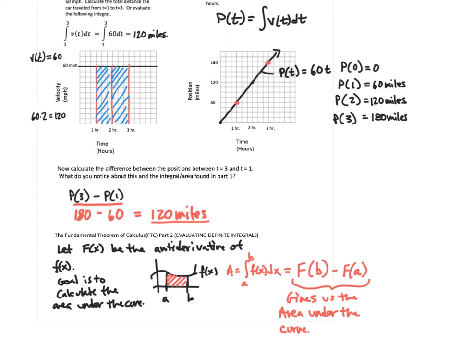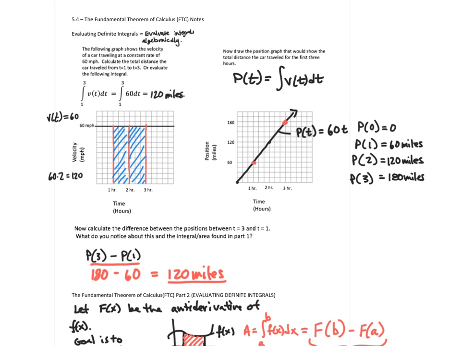But how can we remember the fundamental theorem over and over again? We think about driving a car at a constant rate of 60 miles an hour. How far do we travel between hours 1 and 3? That's 2 hours traveling 60 miles an hour. We multiply those two and get 120.